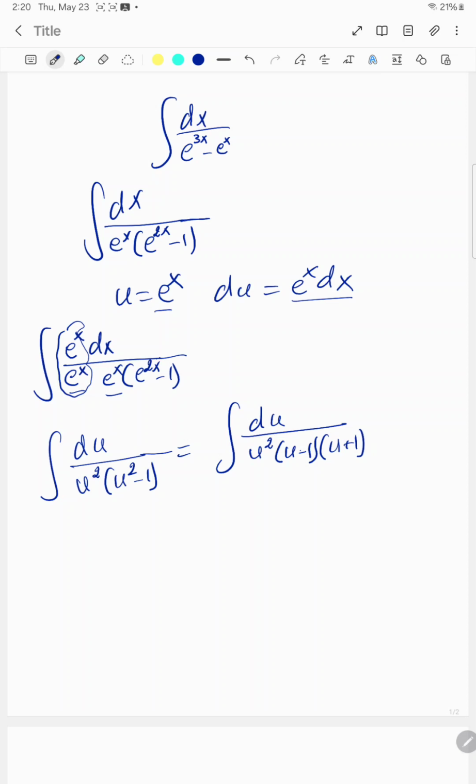And now, integration by partial fraction becomes very easy for me.